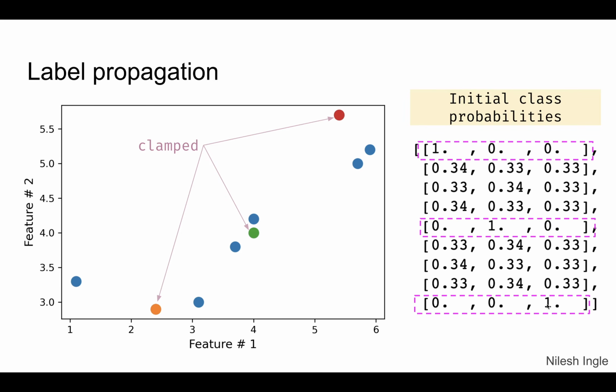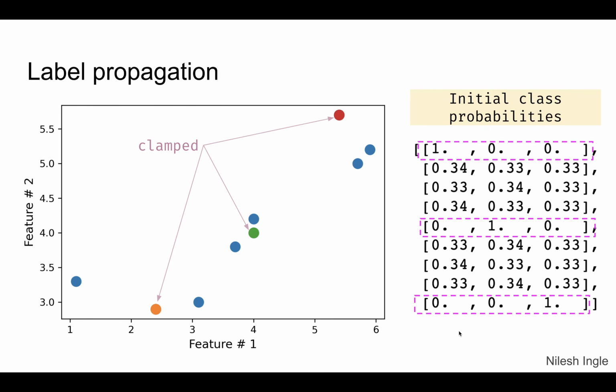Similarly for red, we have 1 here and the other two are 0. For the remaining data points, for which we do not know the class, we set the probabilities equal, so 0.33 for all of them. So each row adds up to 1. So 0.33 plus 0.33 is 0.66, and then 0.66 plus 0.34 would be 1, and so on for the other ones.